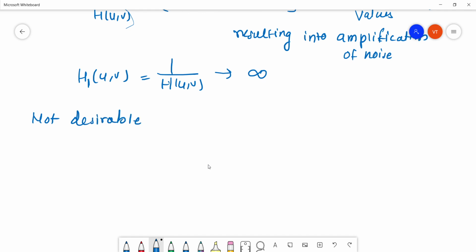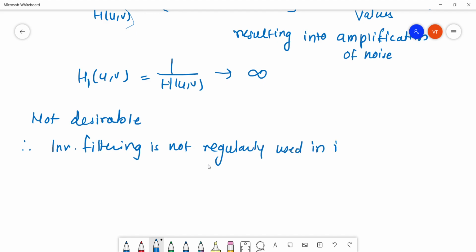Therefore, inverse filtering is not regularly used in its original form. We will modify this.